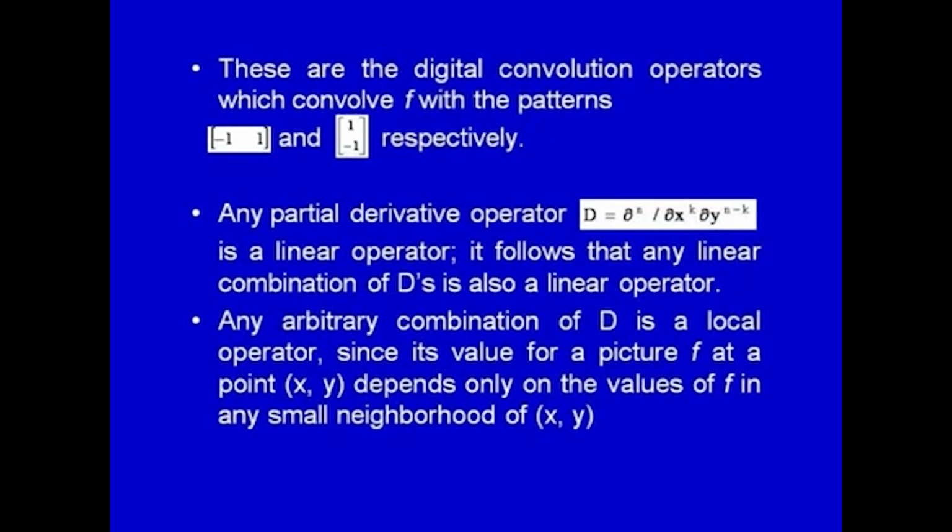Any arbitrary combination of d is a local operator, since its value for a picture f at point x, y depends only on the values of f in a small neighborhood of x and y.